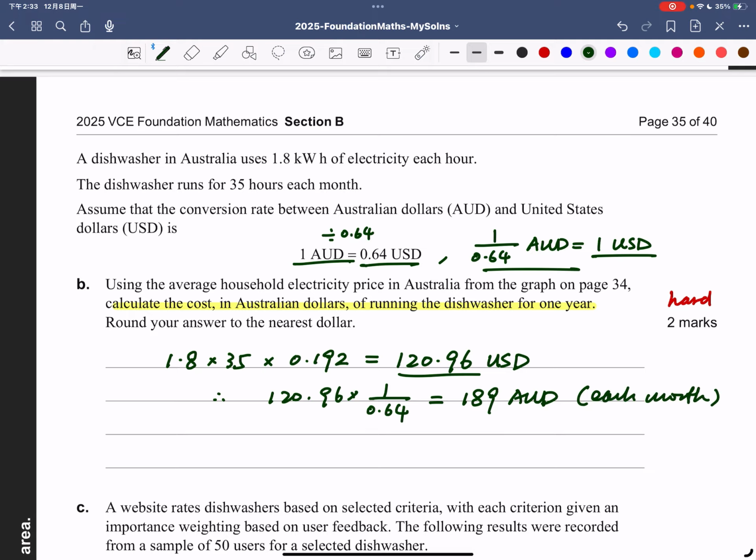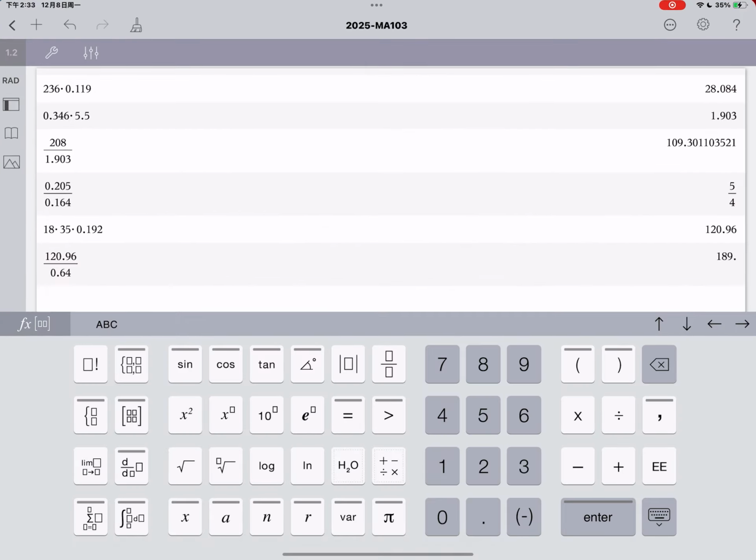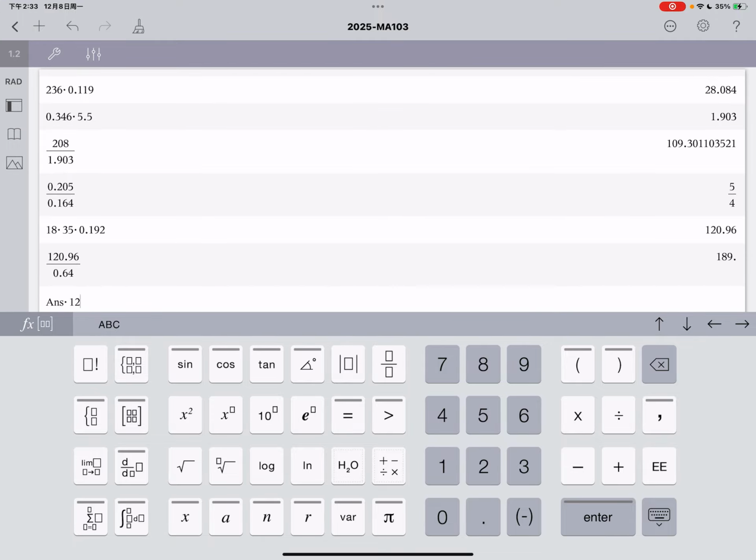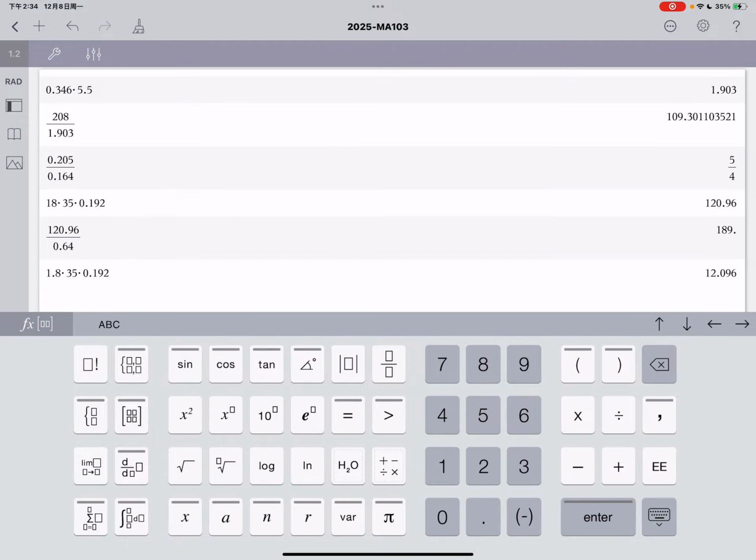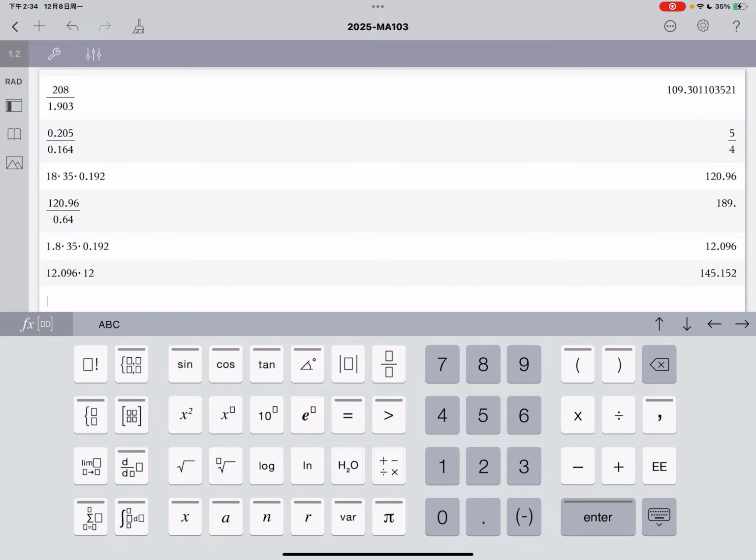Okay, so I need to go 189 multiplied by 12. Bear with me. Is that correct? Hold on a second. Let me double check. Oh, this is 1.8. How could I miss this thing here? Oh, I need to multiply this by 12. Yep, let's have a look.